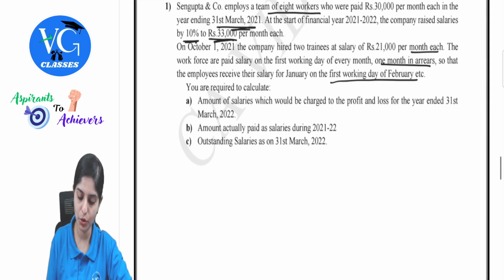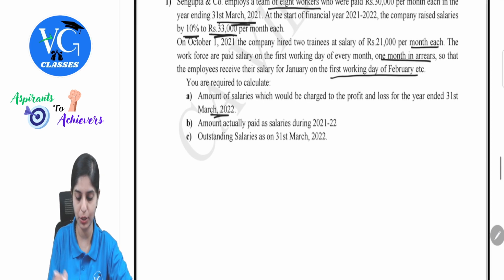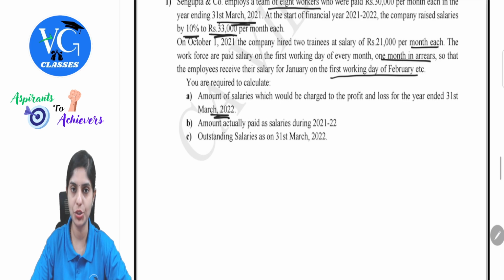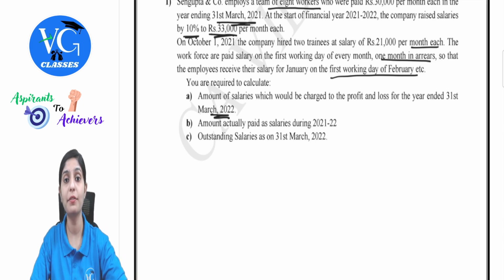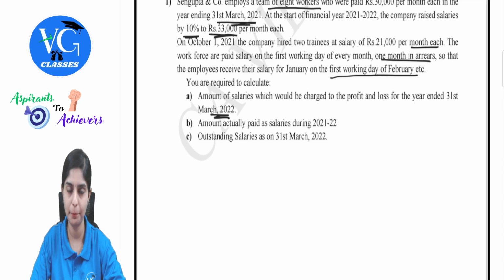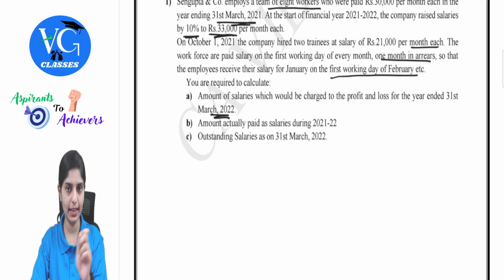Amount of salaries which would be charged to profit and loss for the year ended 31st March 2022. Now, I've put this question just for you to get strong conceptual clarity on the items which we have to reflect in the current year. Remember, guys, here we have to reflect current year expense because the entire detail is about salary expense.